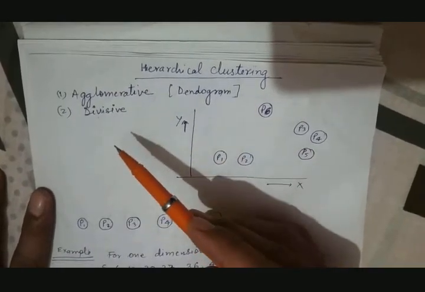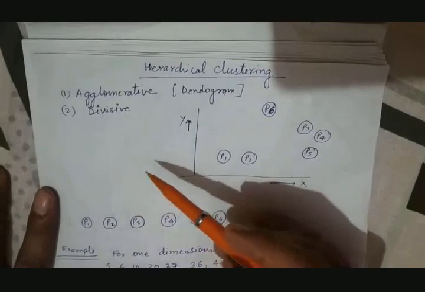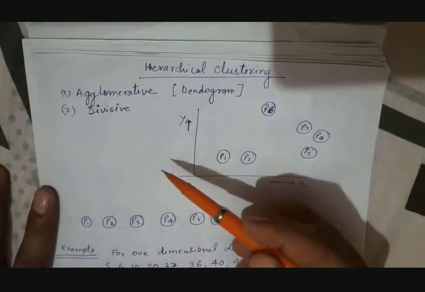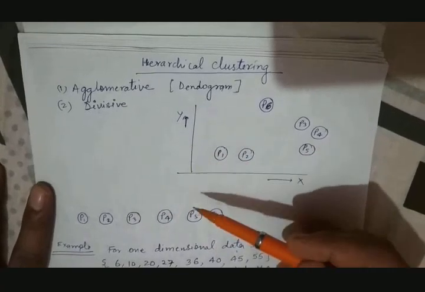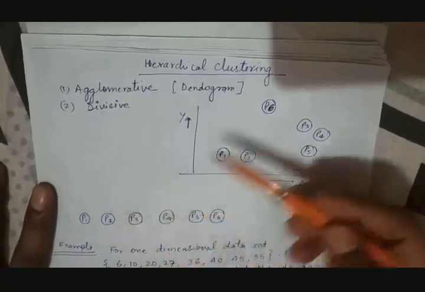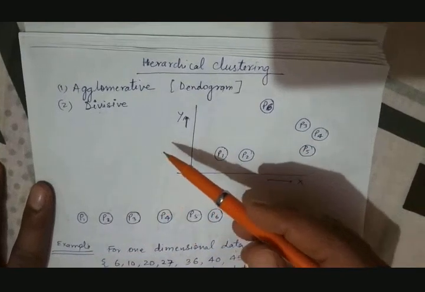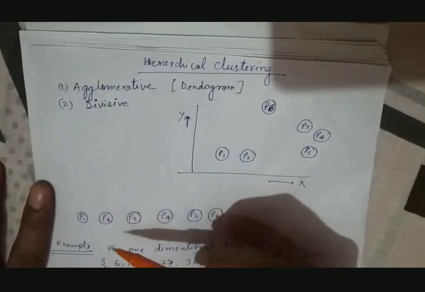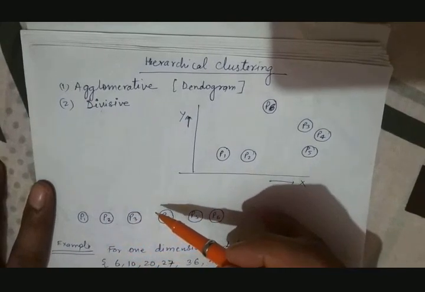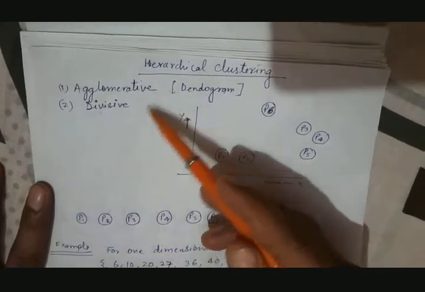Divisive is a top-down approach. We start from a single cluster comprising all the data points, then break it into two clusters, and again break into two clusters. We repeat this until each cluster has only a single data point. This is how these two techniques work.